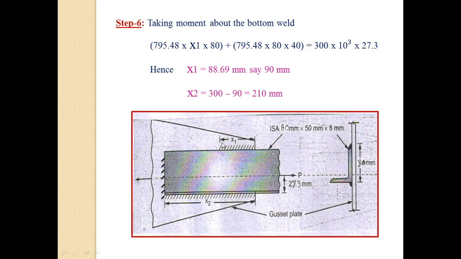This distance is x1. This is the total weld we are providing. Distance is x1 mm and design strength is 795.48, so load is 795.48 into x1. We are taking the moment at the bottom, so 795.48 into x1 into this perpendicular distance.